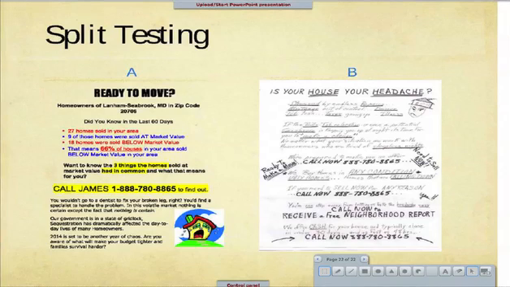And here's the split test again. In split test A, we're offering them a neighborhood report: know what the market value is in the homes, what's going on in your neighborhood. In B, we're going after it a different way. We're going after a different pain point, but we're still offering them the same thing, a free neighborhood report. We're just now calling it a free neighborhood report, and we're making that the offer.